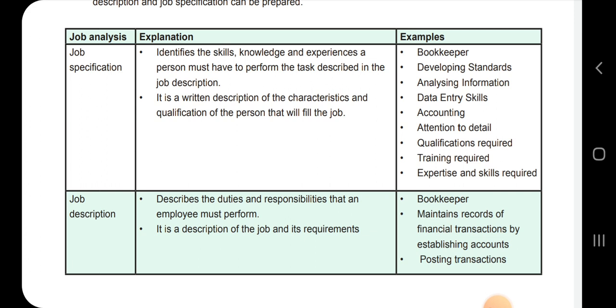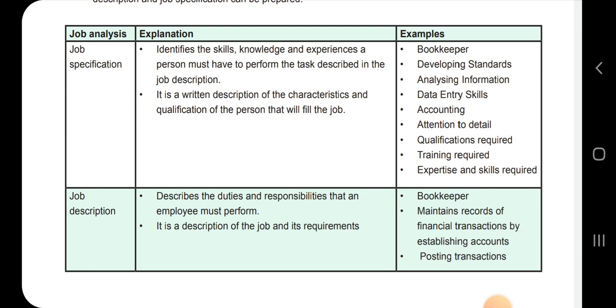That person should have previous bookkeeping experience, developing standards, analyzing information, data entry skills, accounting as a subject, and attention to detail. And you will say what qualifications are required, the training required, how many years of experience, expertise, and skills required. So that is how a job will be advertised.